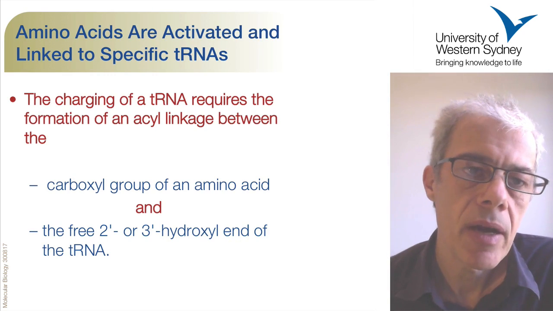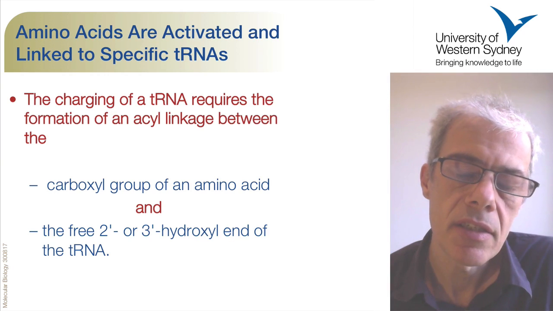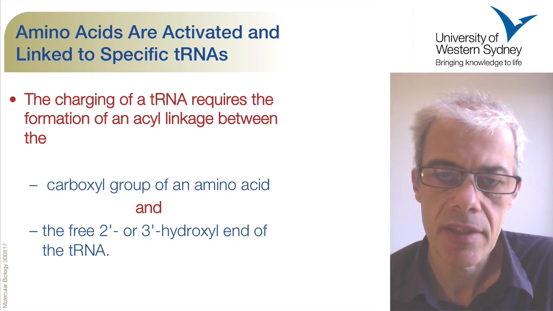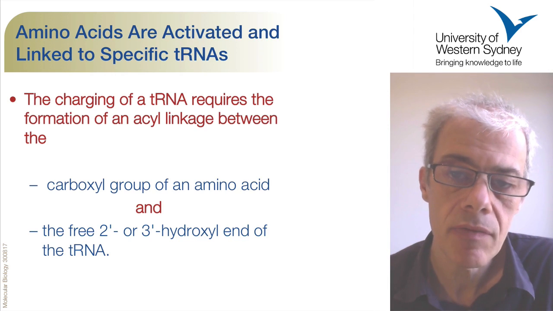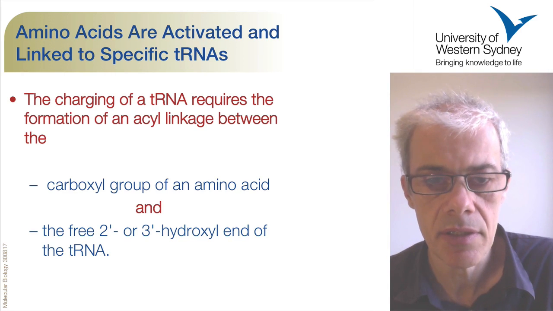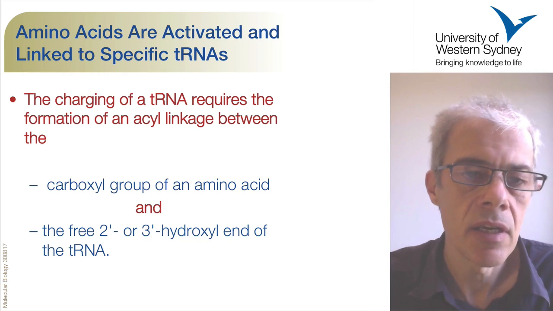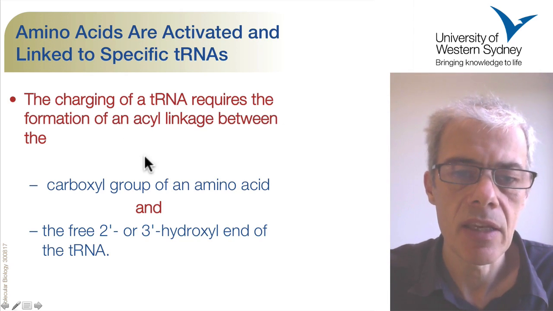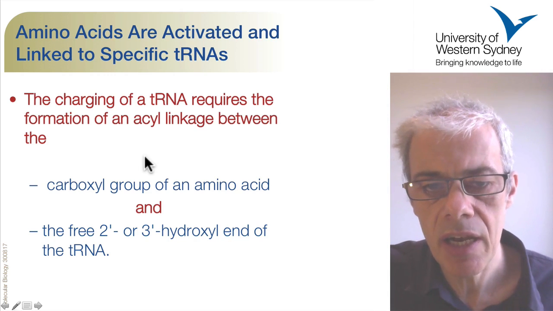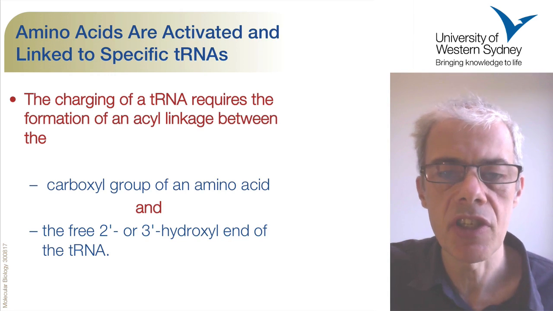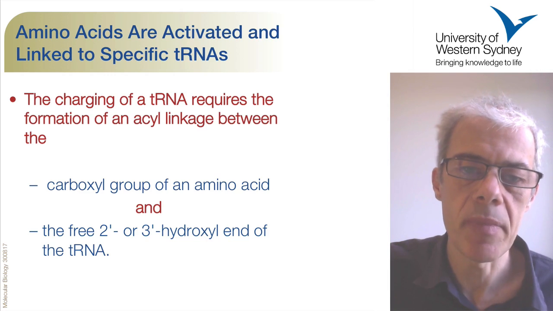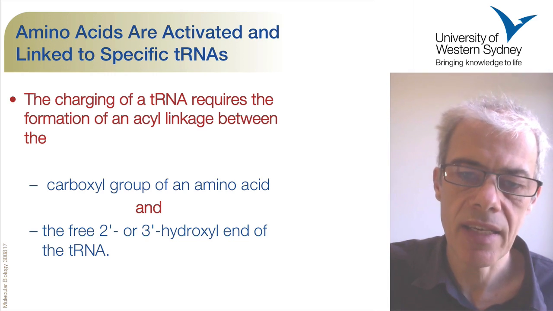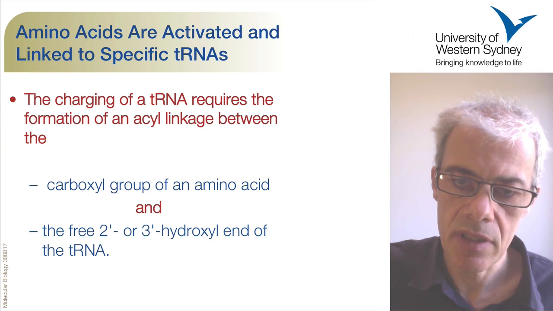We talked earlier about the fact that amino acids need to be linked to specific transfer RNAs, and the amino acids need to be activated for the process of protein synthesis. So this activation is referred to as charging of the transfer RNA. That's not referring to a positive or a negative charge, but it refers to charging of the transfer RNA, meaning that the transfer RNA contains an amino acid ready for protein synthesis.